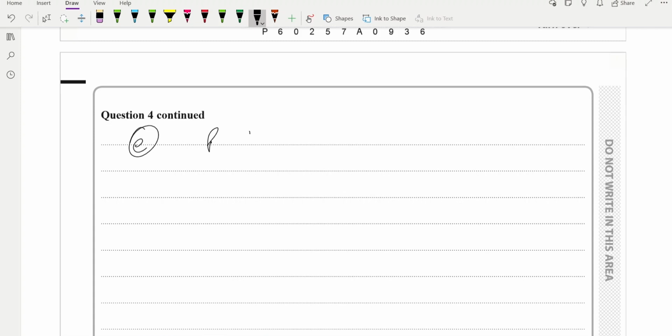We will write the coordinates of the triangle D which we have just found in the previous part: minus 1 and minus 3, minus 3 and 7, and minus 1 and minus 7.